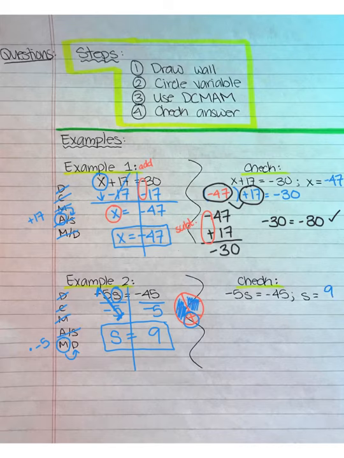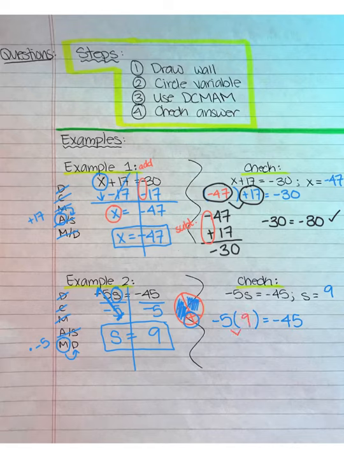What I'm going to do is copy the equation, and whenever I see an S, I'm going to put parentheses. So first I see a negative 5. Oh, there's my S. So there goes some parentheses, is equal to negative 45. And the thing that I put into those parentheses was my answer, which is a 9.